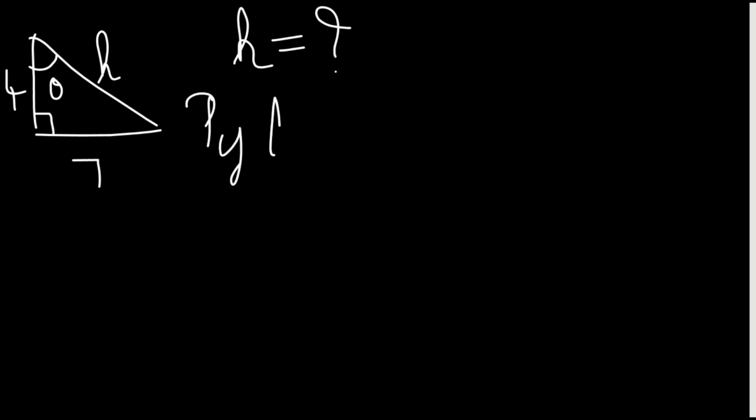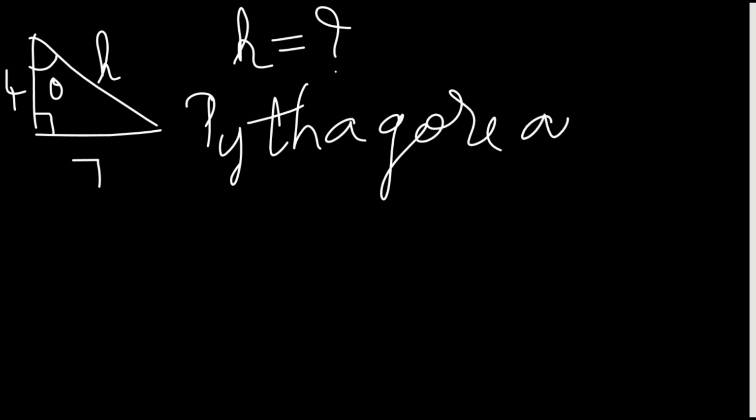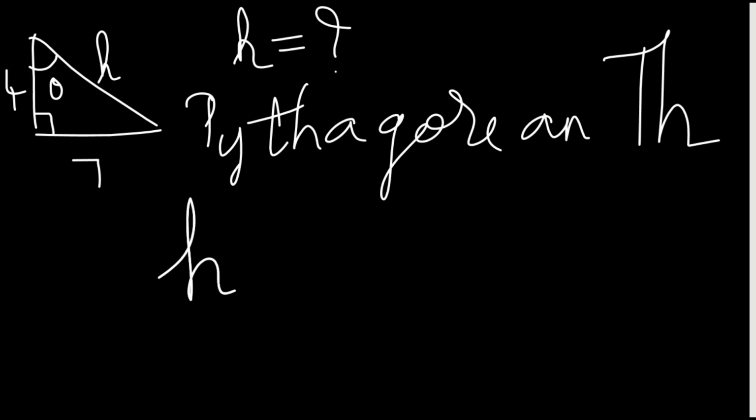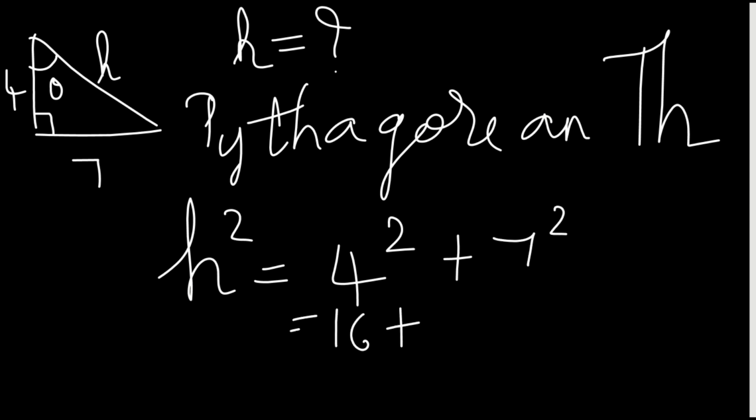If you have studied the Pythagorean theorem, you will know that hypotenuse square is nothing but the sum of squares of the other two sides of the triangle. That is 4 square plus 7 square, that is 16 plus 49, which is 65.